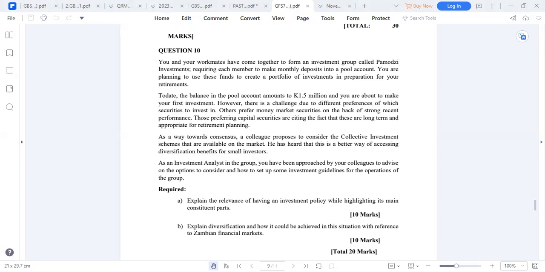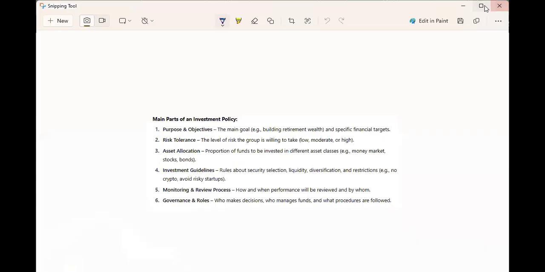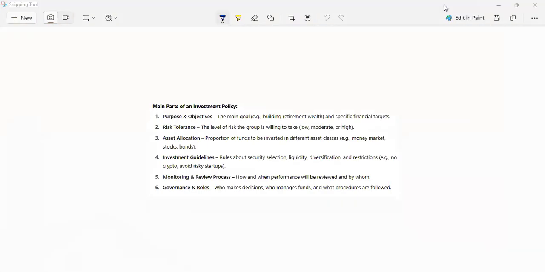So in summary, you said the asset allocation, the objectives, the rules. Yeah, there we go. Thank you. Purpose, the risk tolerance, asset allocation, the investment guidelines, the monitoring and review process, the governance roles. So these are the main parts. Okay.